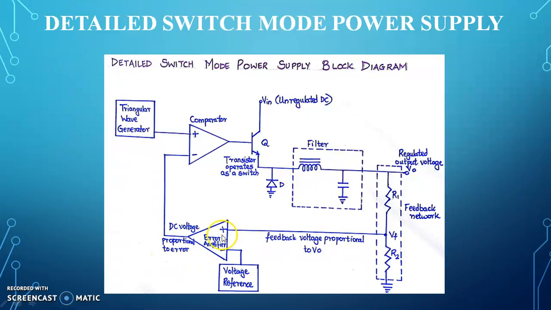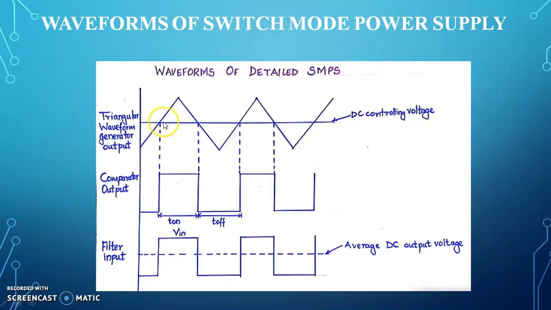So if VF is low, then the DC voltage is also low, which is given to the inverting terminal of the comparator. If the DC voltage is lower than the triangular waveform, then obviously the T-on period is going to be greater. If the T-on period is greater than the T-off period, the average DC voltage will definitely increase.